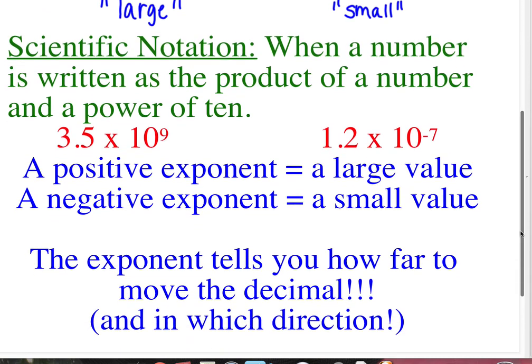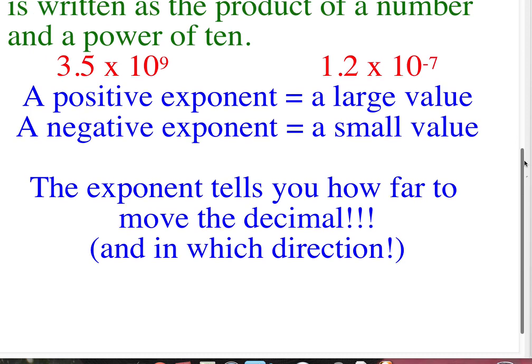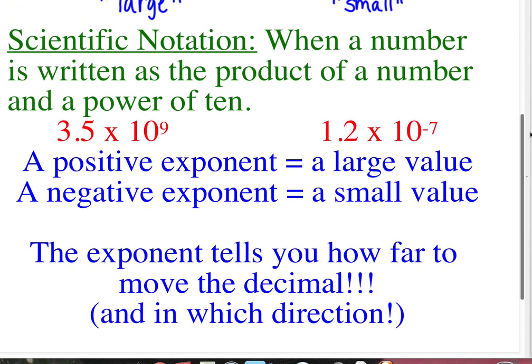Scientific notation is when a number is written as the product of a number and a power of 10. So believe it or not, I took those two numbers that we were just talking about up above, and I wrote them in their scientific notation form.